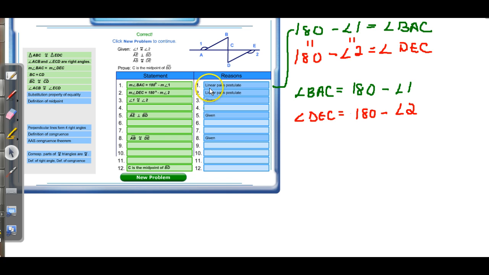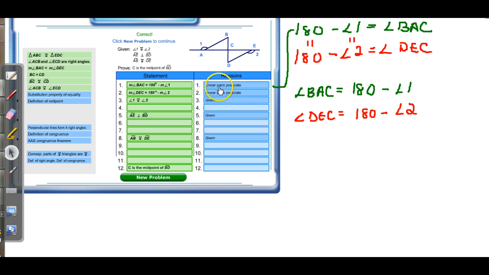It's just saying that if you have a line and there's a pair of angles, angle 1 and this little angle here, the two angles add up to 180 degrees. And if you take one angle away, you're left with the other angle.